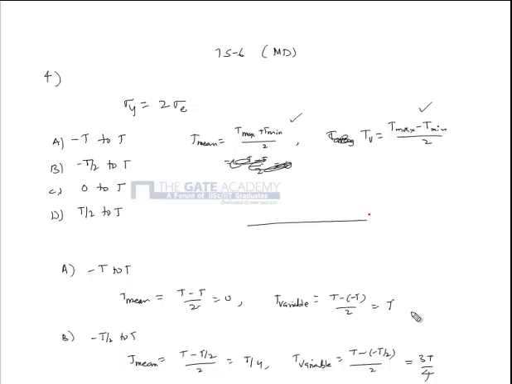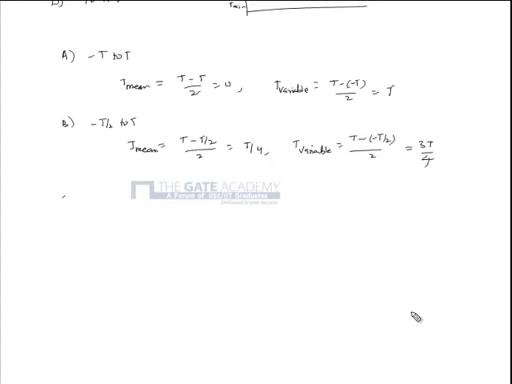So this mean and variable you can always understand. If you have a loading like this, this is your mean, which is max plus min by 2, and this is your variable part.